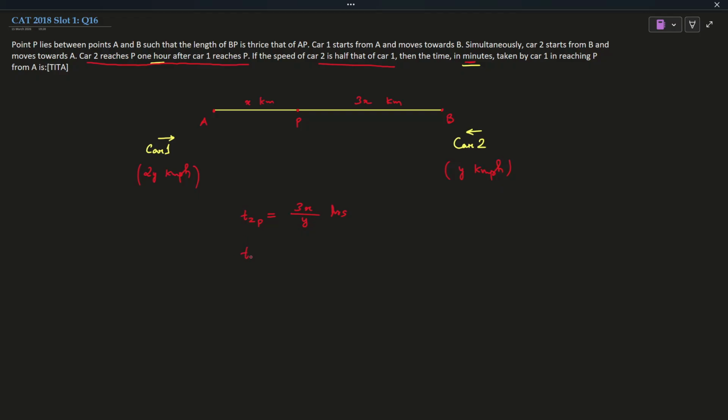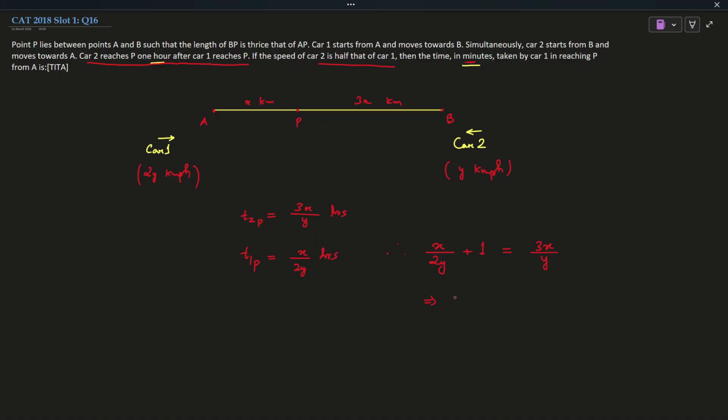And what is the time taken by car 1 to reach point P? Distance by speed. Car 2 reaches point P 1 hour after car 1 reaches P. That means, therefore, can I say x by 2y, which is the time taken by car 1 to reach P from A, if I add 1 hour to this time, I will get the time taken by car 2 to reach P, which is 3x by y.